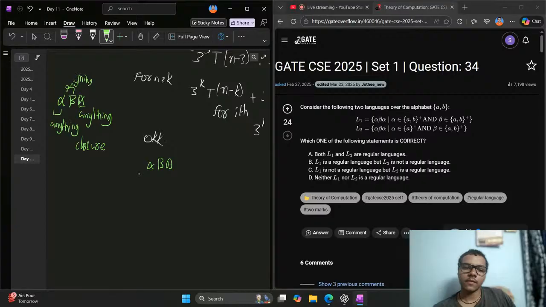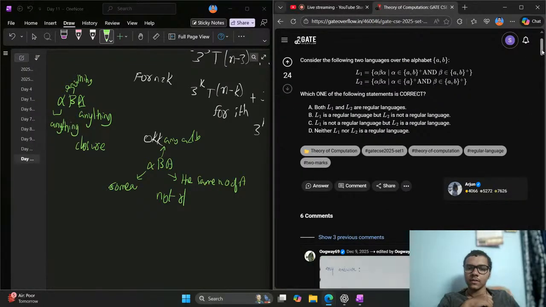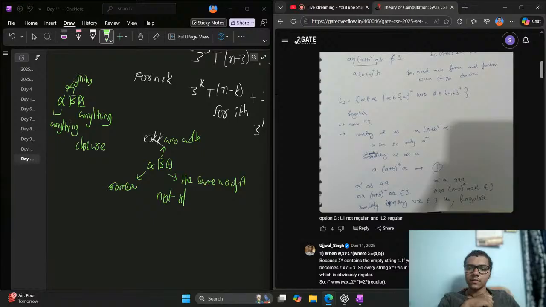Here, the same number of a's and b's, so it is not regular. L1 is regular, but L2 is not regular. B is your answer.